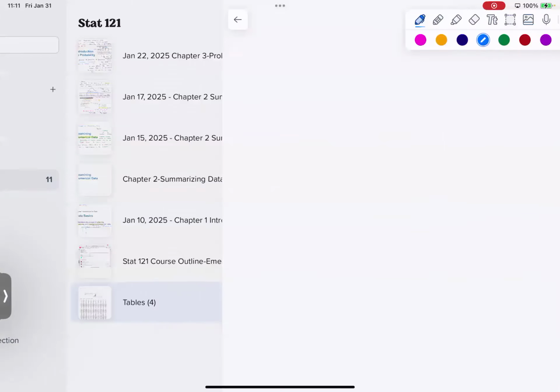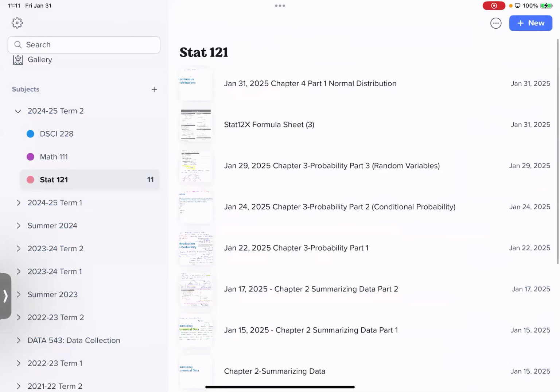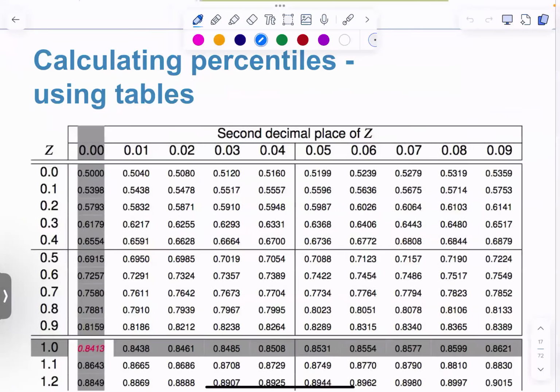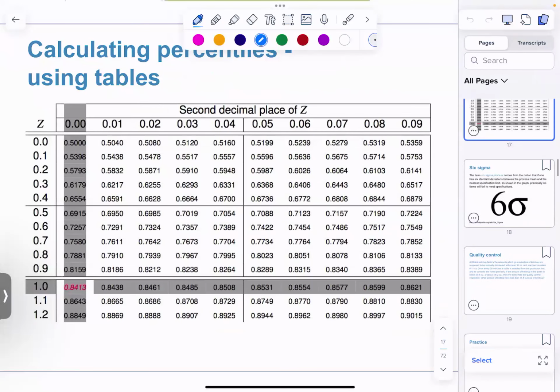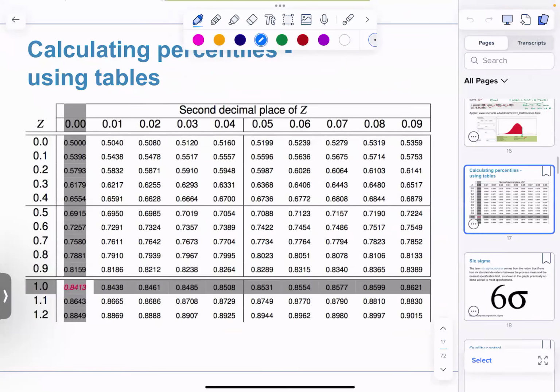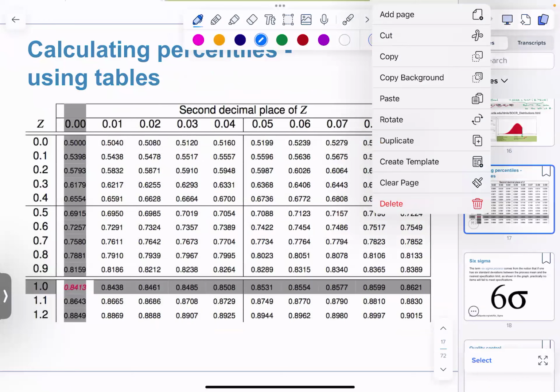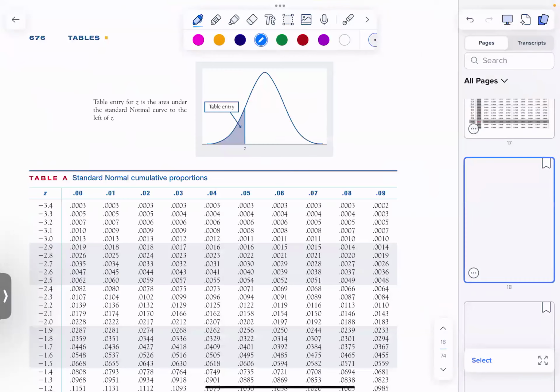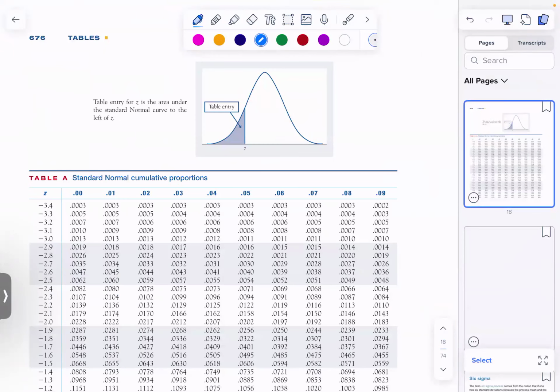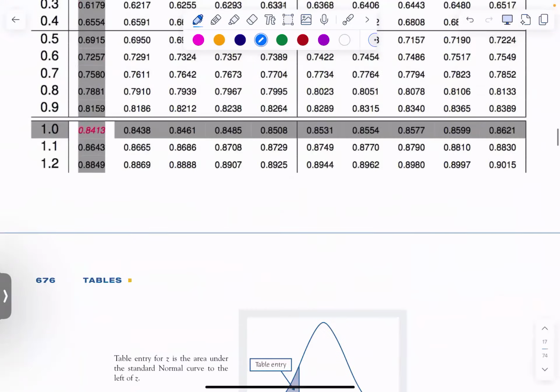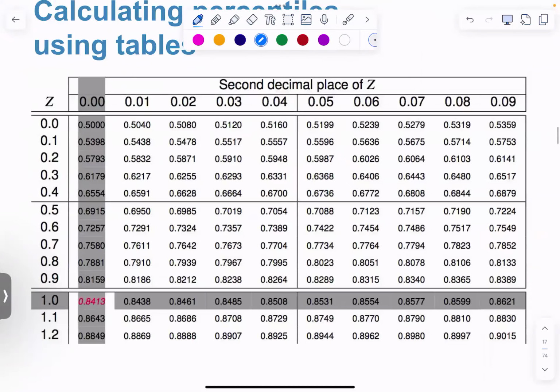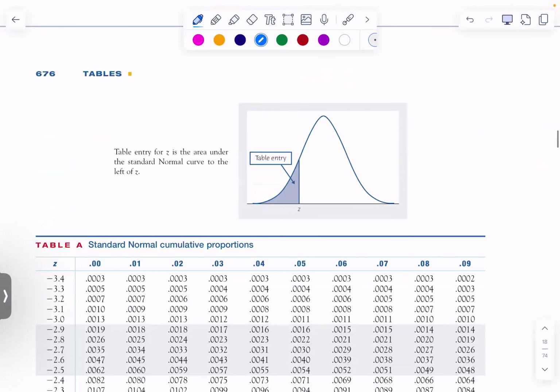Copy. Paste. So these all look the same to me. But this is the one that we have.